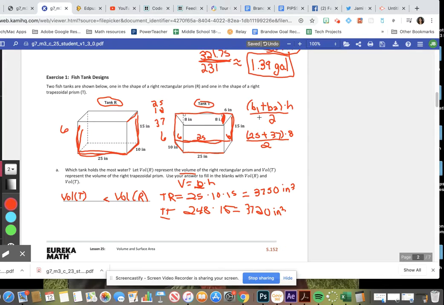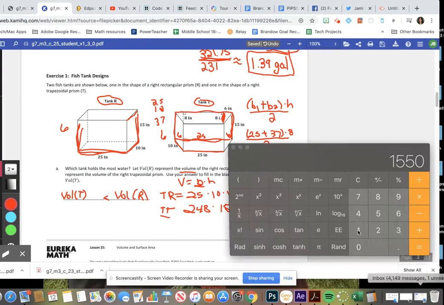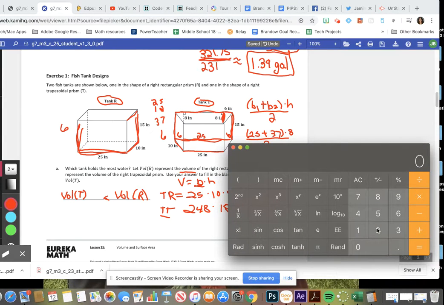And what did we find for the area of that? We have to do area of base 1 plus base 2 times height divided by 2. And we figured that out: base 1 was 25, base 2 was 37, times 8 divided by 2.